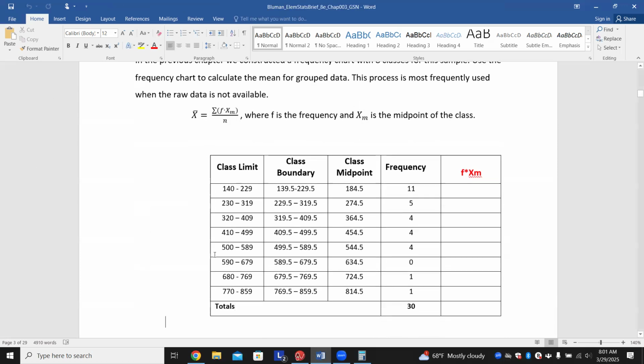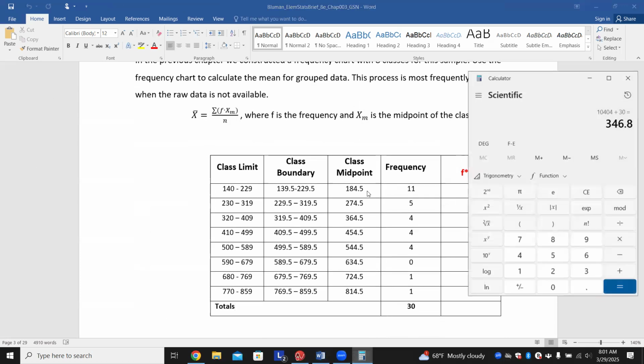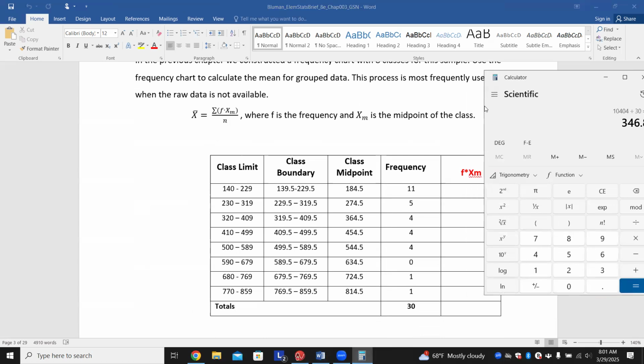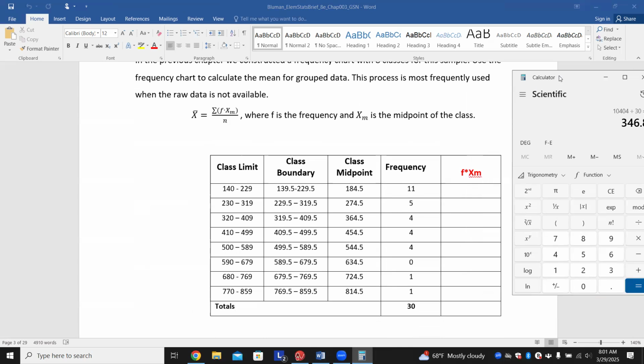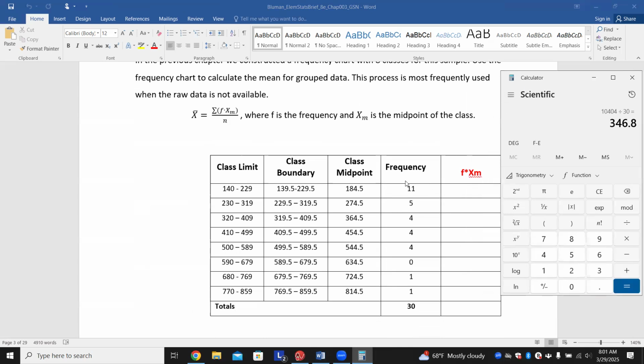So what we're going to do is take our frequency and multiply it by our midpoints. And then we're going to add all of these results. That would give us the sum, and then divide it by the 30, which is the number in the frequency.